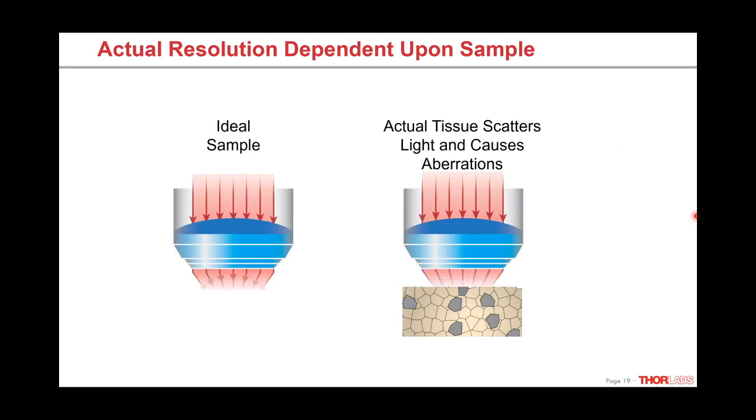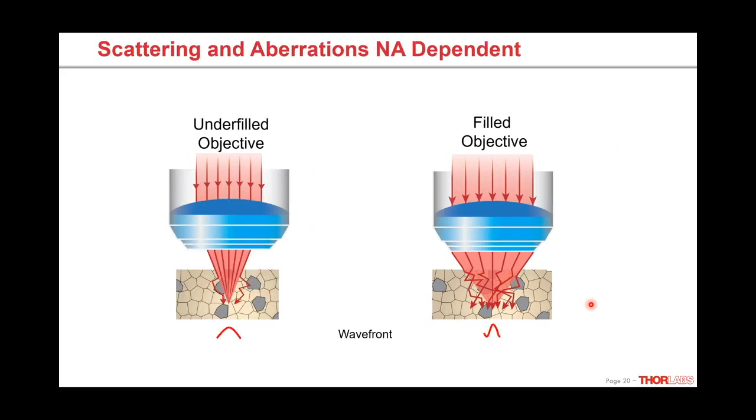Now, so far we've been talking about ideal samples where all the light rays follow a ballistic straight line pattern. But real tissue is going to cause scattering and wavefront aberrations that are going to mess up the point of focus, and this can be NA dependent.